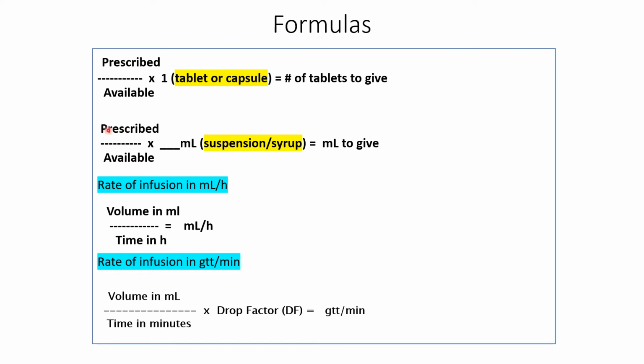So if the doctor orders 500 milligrams of Tylenol liquid for a child, and what you have is Tylenol 250 in 5 milliliters, you divide 500 divided by 250, with the calculator, and you have 2. And 2 multiplying 5, 2 times 5 is 10. So you give 10 milliliters. You can apply the same formula for more complex numbers.